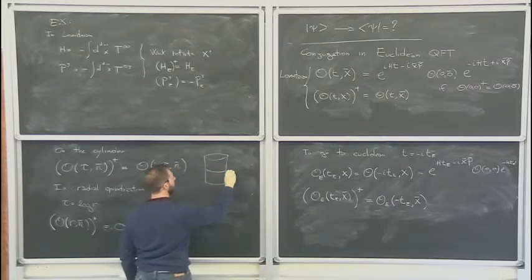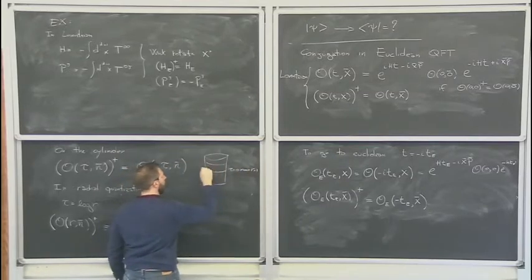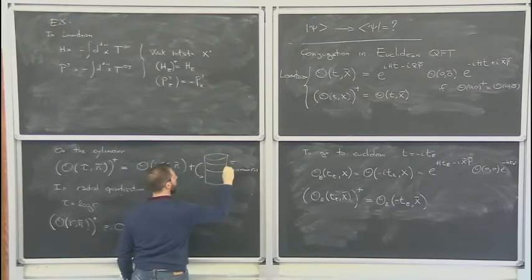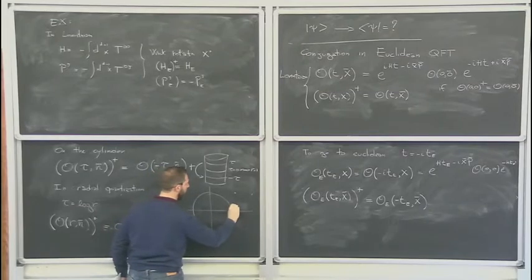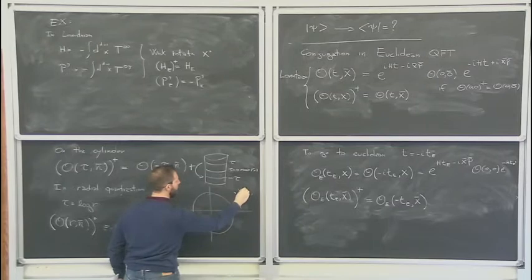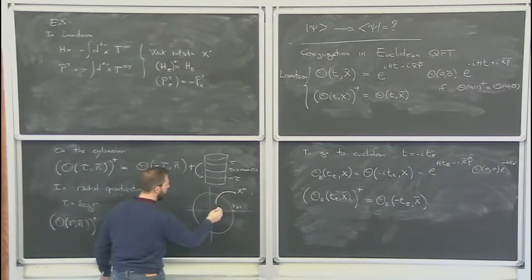So this is tau equals 0, which is equivalent to R equals 1. And when a conjugation dagger sends you from tau to minus tau, in the radial quantization, if you have an operator inserted at x mu, when you do the conjugation, this is equivalent to doing an inversion.